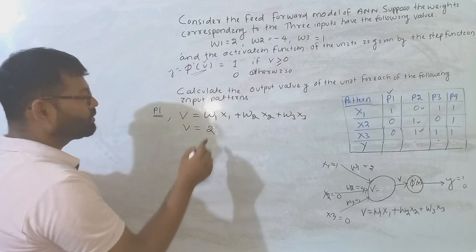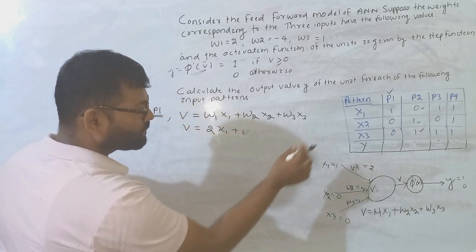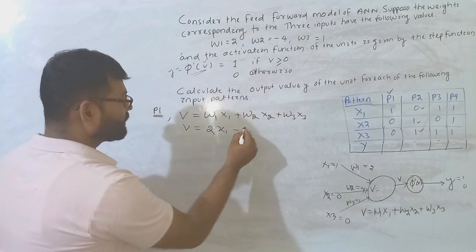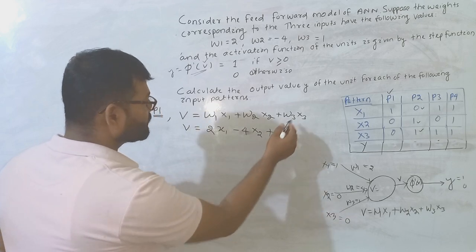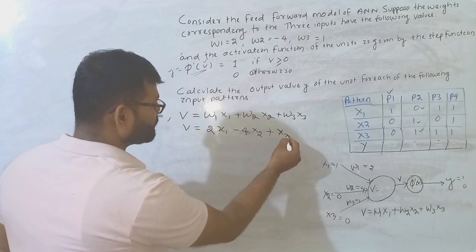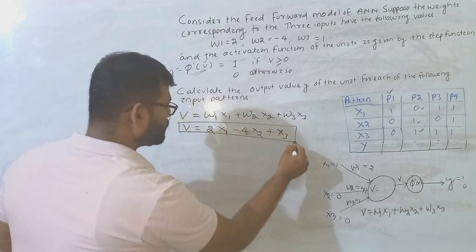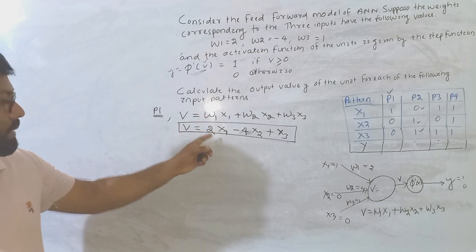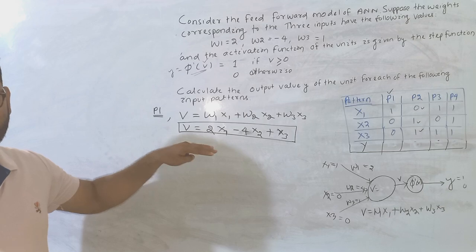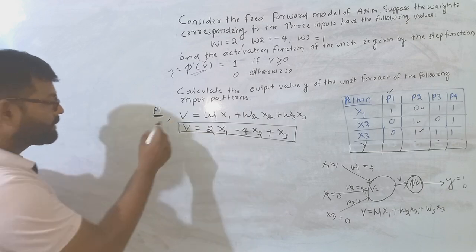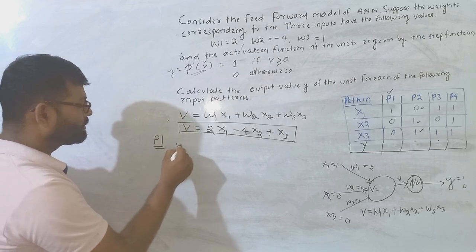I can write the formula like this: w1 is 2 times x1, plus w2, which is minus 4, so minus 4 times x2, plus w3 which is 1 into x3, directly x3. So this is my v now, the general case. For pattern P1, now replace the x1 value. For pattern P1, what is the value of v?